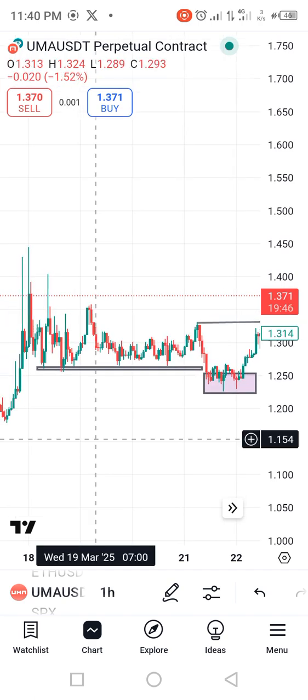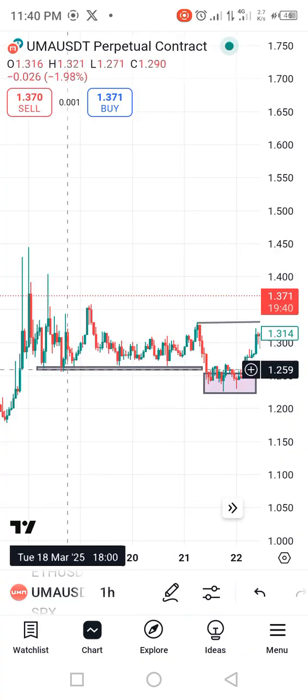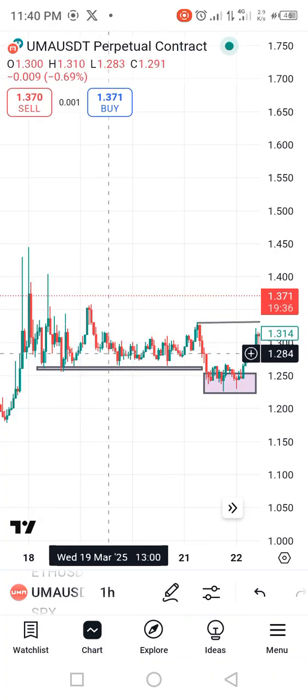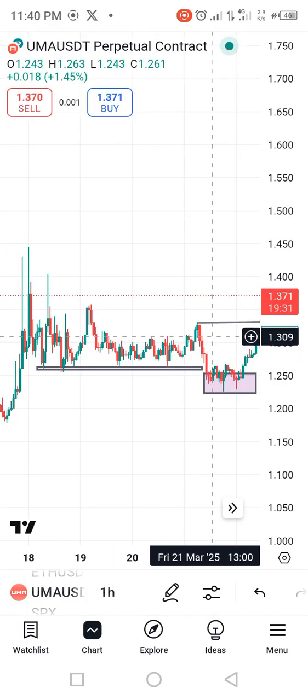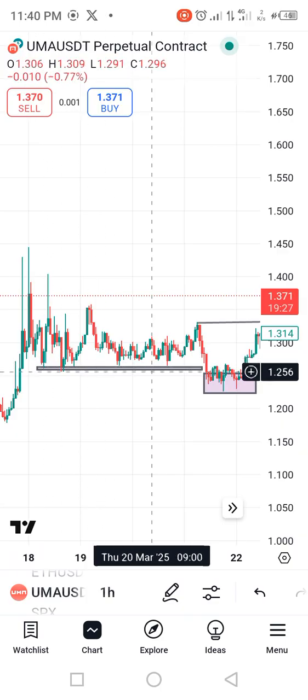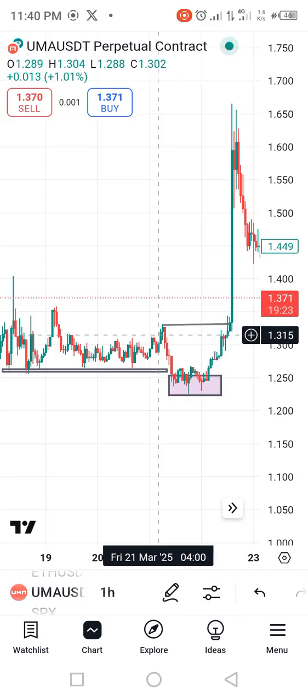You can see the accumulation around here, making equal lows and equal highs, just ranging around that area. Then manipulated, took out all the liquidity around here, then comes back, trades above the high.